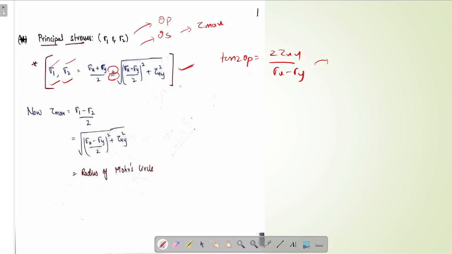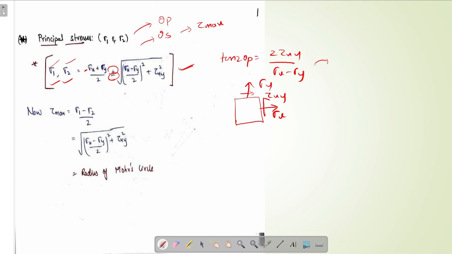As we substituted in the transformation of stress formula only, the sign convention will be the same as that formula. That is, sigma x and sigma y are tensile and tau xy is in this direction. If they give compressive stress, then we have to substitute minus sigma x.